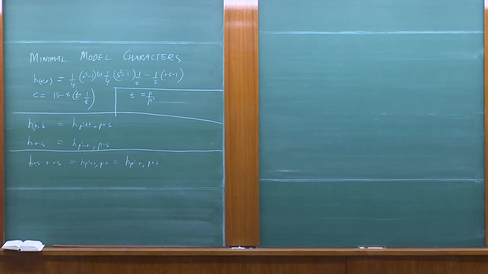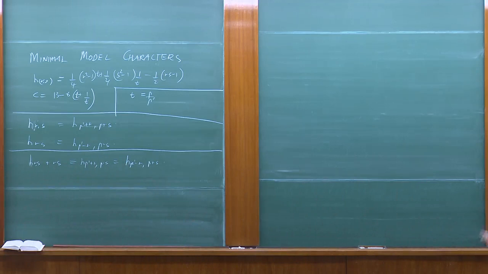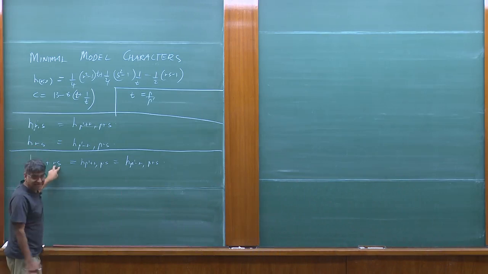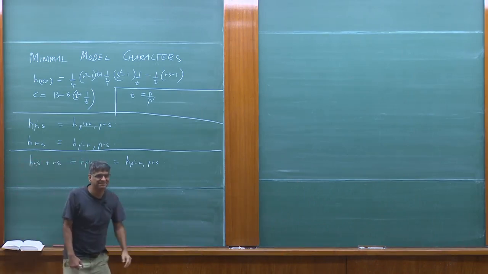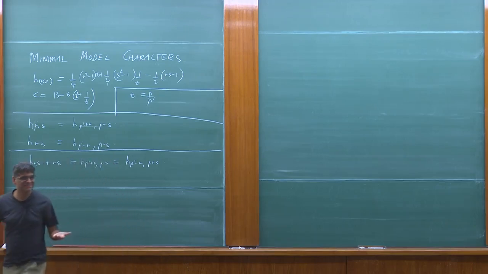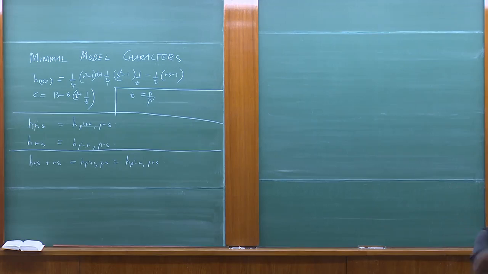So first, why are there two ways of writing it? This guy itself had two ways of writing it. So it has a null state at level RS, but it also has a null state at level (P prime minus R)(P minus S). Because it's also H(P prime minus R, P minus S). So also the null state has two null states in the same way. That's what this expresses.